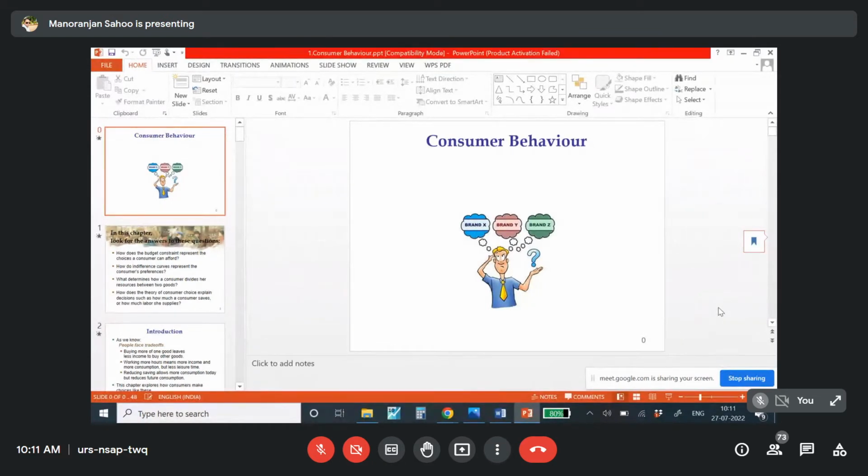Under the cardinal utility measurement, how does the consumer attain equilibrium? The consumer attains equilibrium as per the law of equi-marginal utility, where the marginal utility of money expenditure is equal to the marginal utility of money. That point will be the consumer's equilibrium.